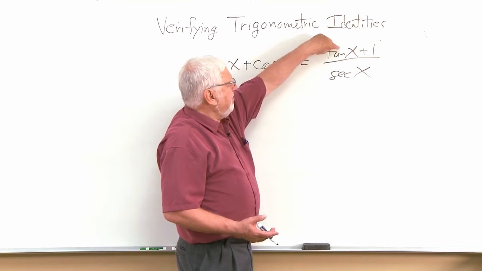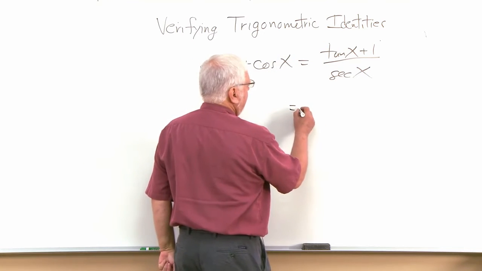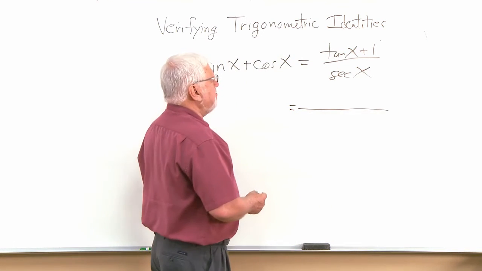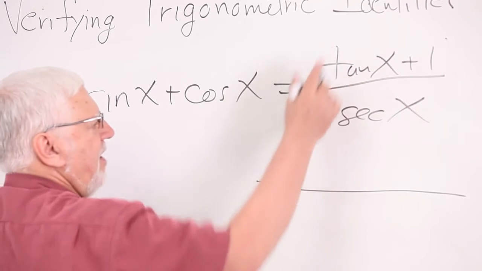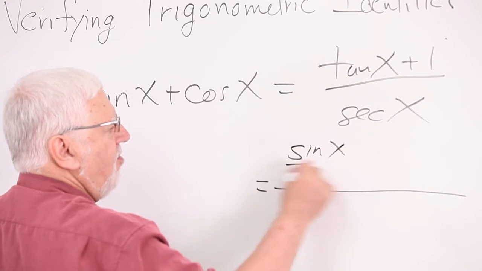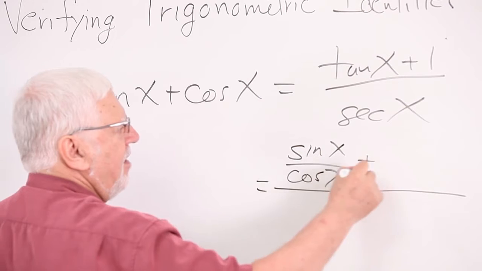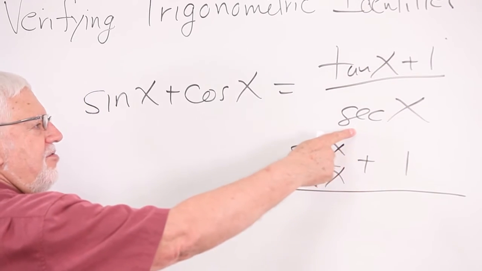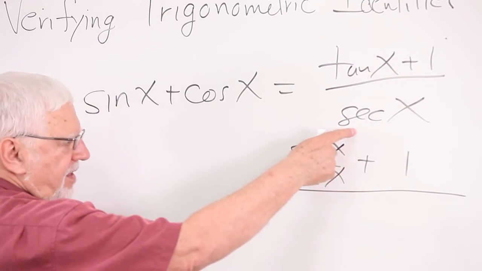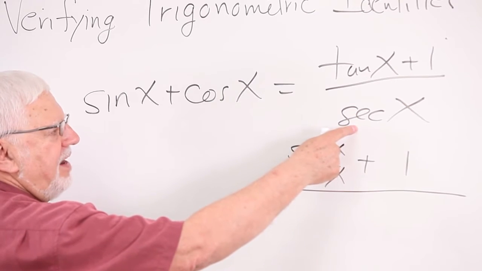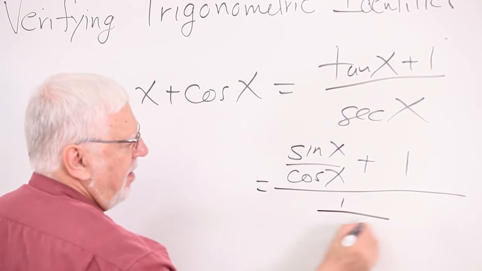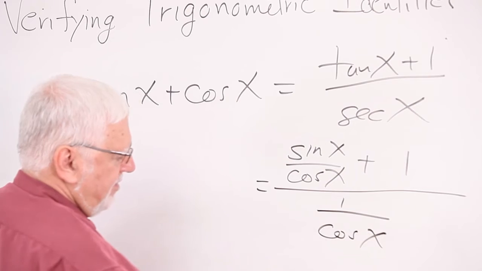So the tangent of x, what could we change that into? That's right. The tangent of x is sine x over cosine x. And what's the secant? It's the reciprocal of the cosine. That's why it's important that you memorize those identities. This is going to be 1 over the cosine of x.